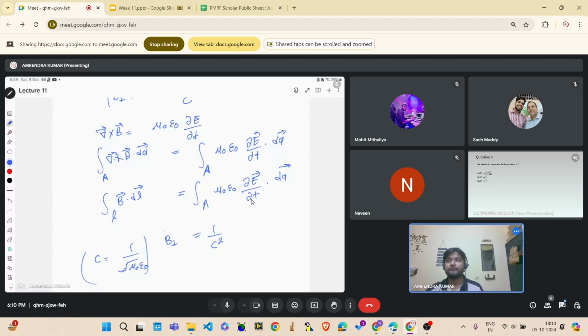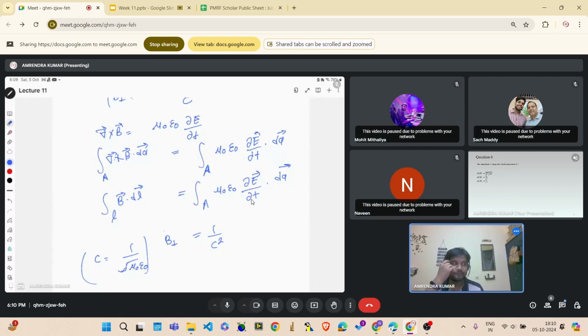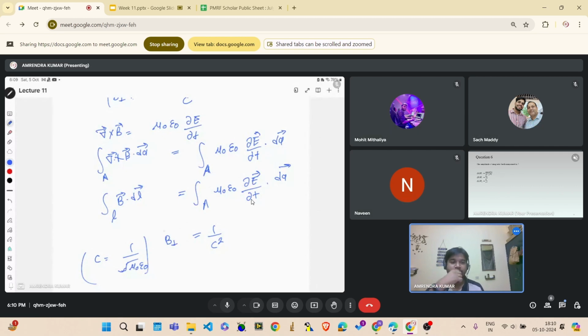So what you can see, if this is moving in this direction, electric field in this direction, E cross B should be the direction. E is this, B is this.